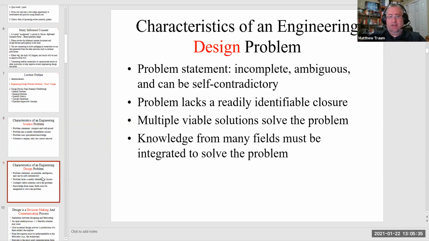By contrast, in 4501, you guys are going to be solving an engineering design problem. And for a lot of you, this is going to be painful. In my own experience as an undergrad student, I struggled with design to no end.